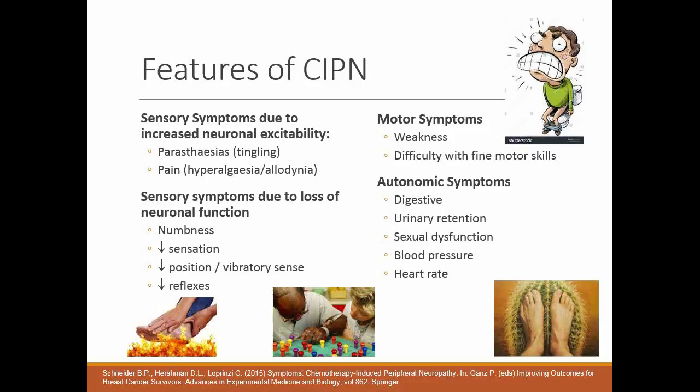So again, you have to try and differentiate between the two. Concerning autonomic symptoms, in the digestive tract we can think about constipation as a possible sign, early satiety, bloating, urinary retention, loss of libido, alterations in blood pressure and heart rate. So these are things to consider when you're coming to do your assessment of people coming in with this particular problem.